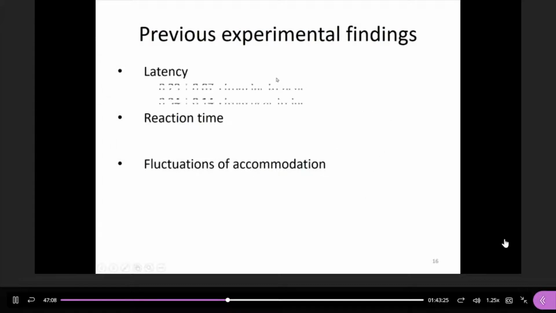Based on experimental data, we find that for the latency, if you change the object from distant to near, it will take about 0.3 seconds, so 300 milliseconds, to respond. And this is when you change from near to distant, so this is a relaxation of accommodation. The latency takes a little bit longer, maybe another 50% longer compared with distant to near.